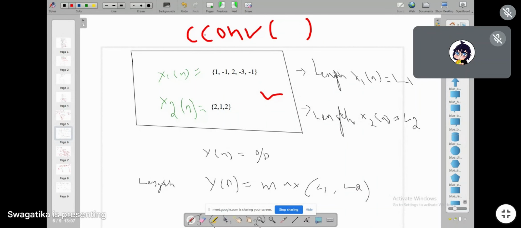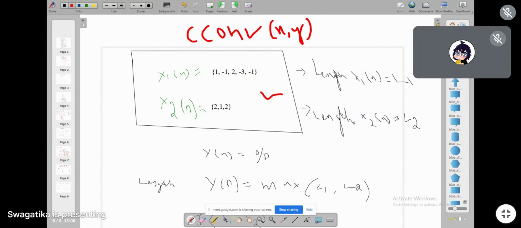What you have to do is write your program without using this command. Then compare it by using this circular convolution command. Clear? Just like in linear convolution you did it without using the inbuilt command, here also you will do the same.